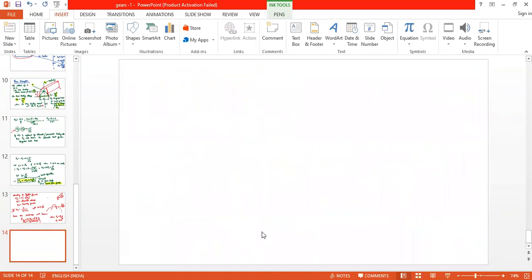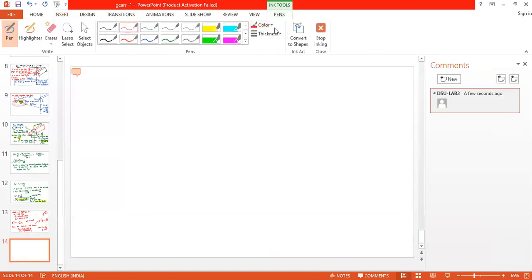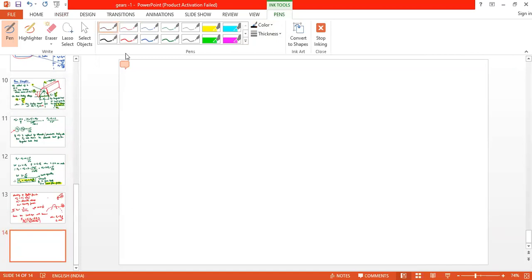Okay, next is the dynamic tooth load. Since the gear is undergoing dynamic loading, we need to calculate the dynamic tooth load, that is, the total load acting on the gear tooth.